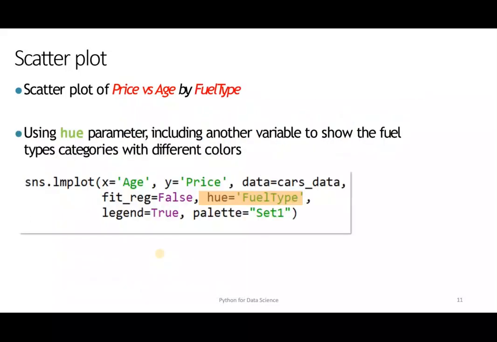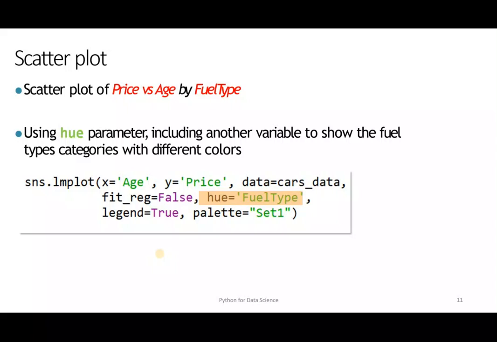Next, you can see how to create a scatter plot of price versus age by fuel type. By fuel type, we mean we are going to add one more variable into the scatter plot, that is the variable fuel type. Why are we going to add that?